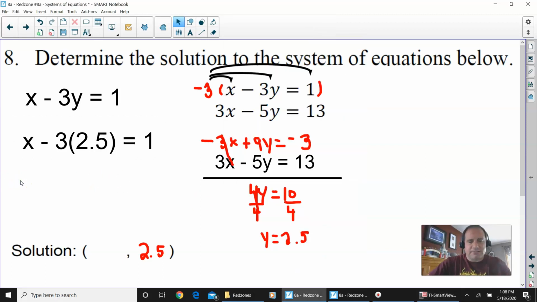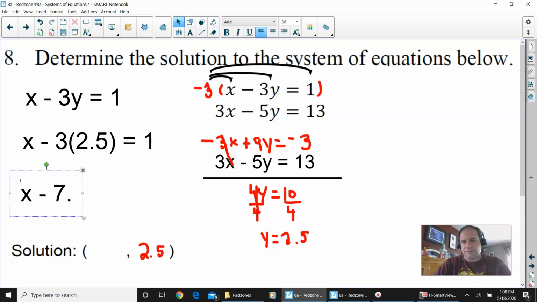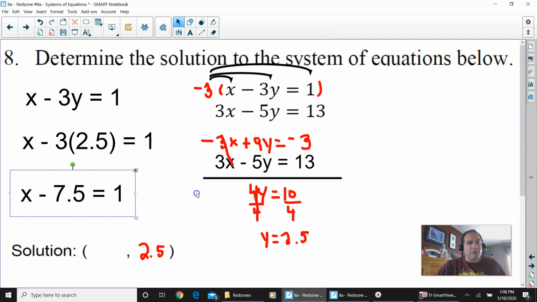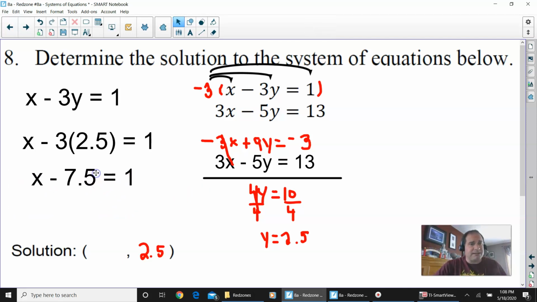So I have x minus 7.5 equals 1. And then all I have to do to solve for the x is to add 7.5 to each side, which is rather easy. And then plus 7.5.